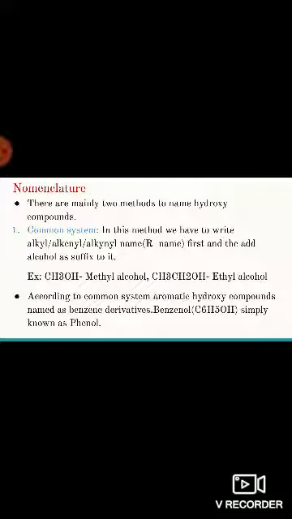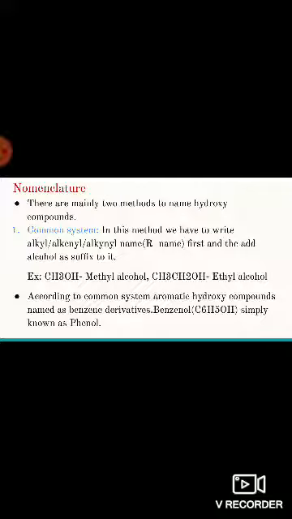In the common system, in order to name the hydroxy compound, we have to name the hydrocarbon radical. After that, we add the suffix alcohol to the name of the hydrocarbon radical. Then we get the name of that particular hydroxy compound according to the common system.